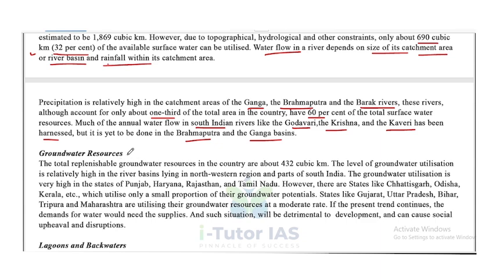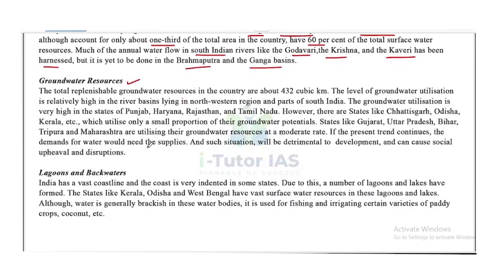Now, groundwater resources. The total replenishable groundwater resources in the country are about 432 cubic kilometer. The level of groundwater utilization is relatively high in the river basins lying in northwestern regions and parts of South India.